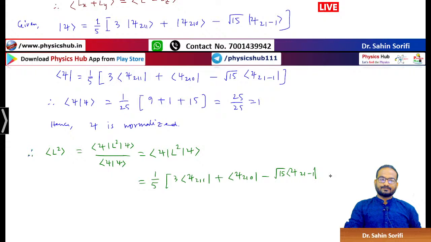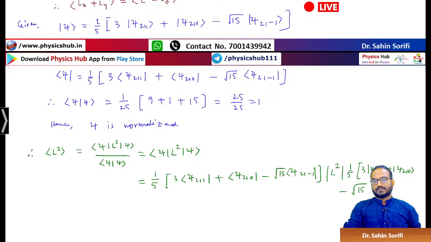Okay. Then L square ket psi, 1 by 5, 3 psi 2 1 1, psi 2 1 0, square root of 15 psi 2 1 minus 1. Okay.